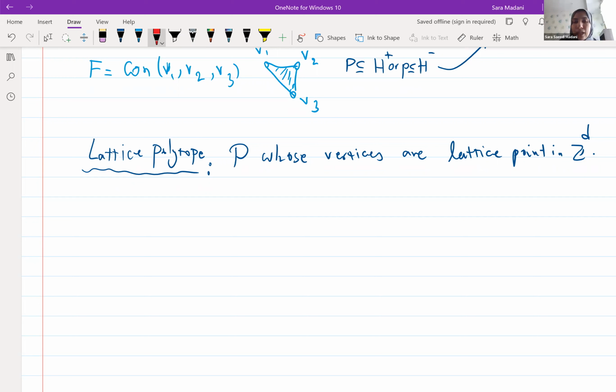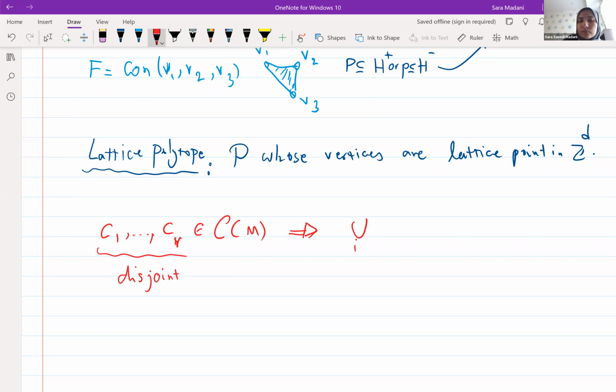Now I would like to take some disjoint circuits C1 to Cr in C of M. If they are disjoint, I take their union and I call this a cycle of M. So a disjoint union of some circuits of a matroid is a cycle.